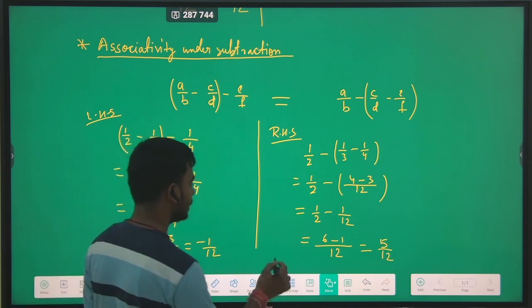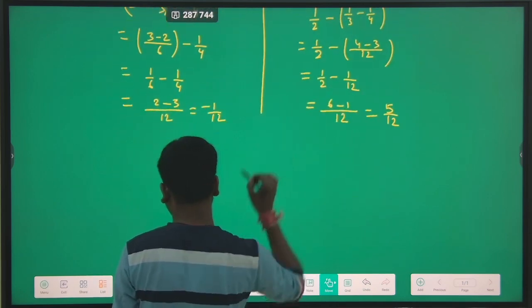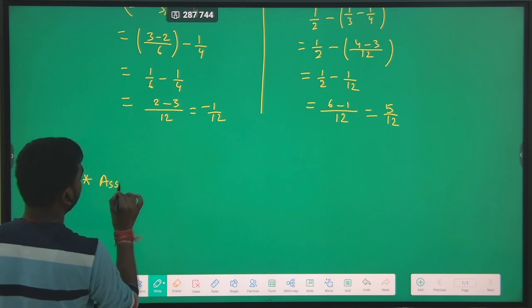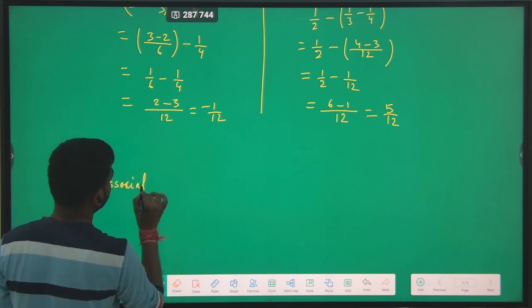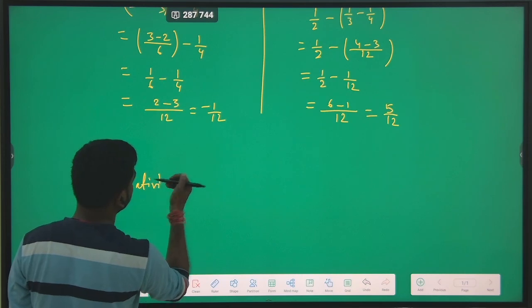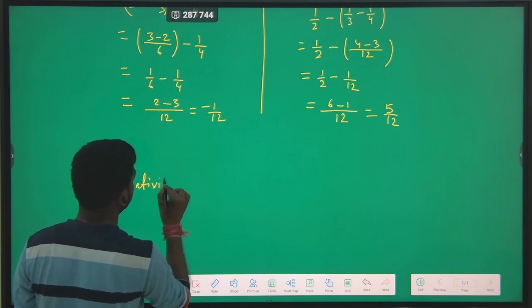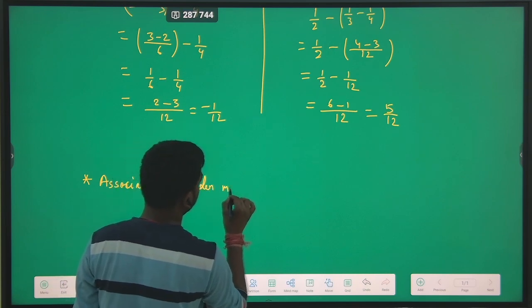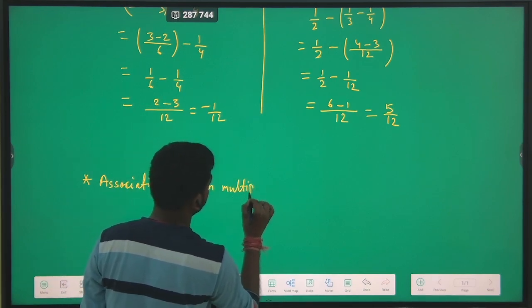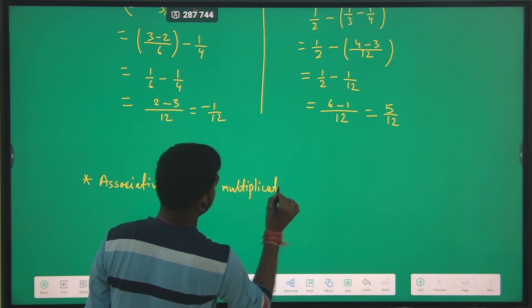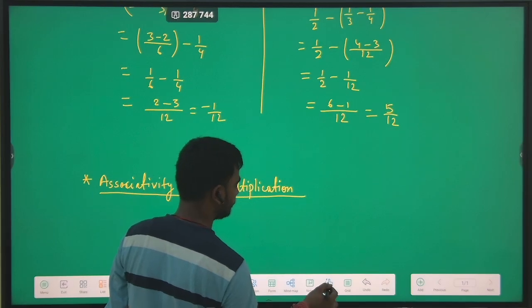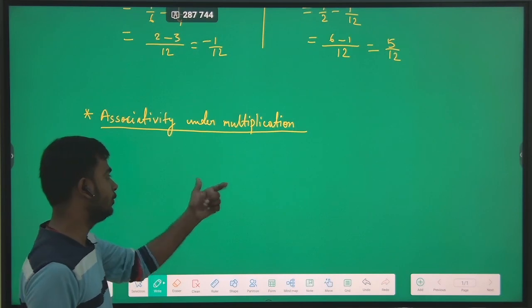Okay. Now we will move towards associativity under multiplication. What is the concept behind this? It will be the same.